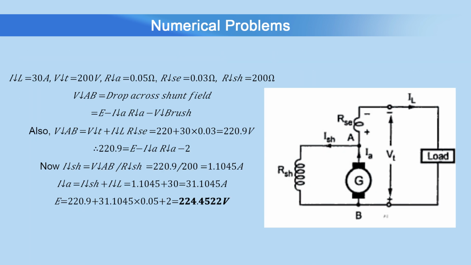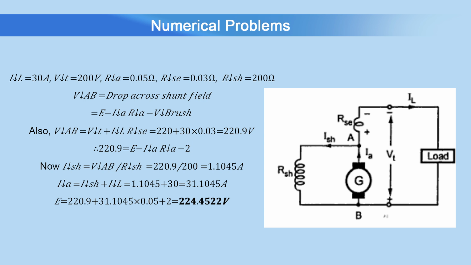So in this question, the load current is given. Let us imagine the typical circuit diagram of a short shunt compound generator. As you can see in the figure, the short shunt generator is presented.